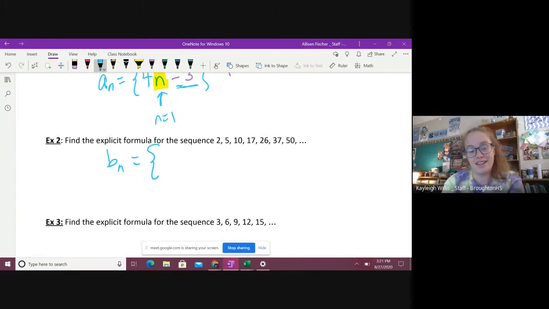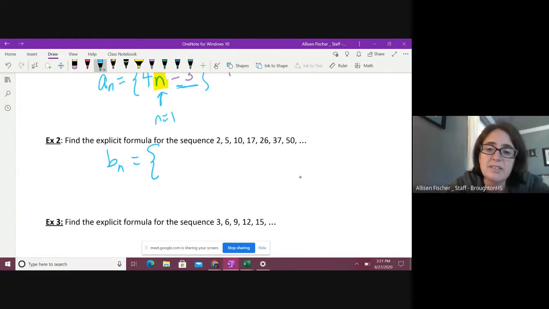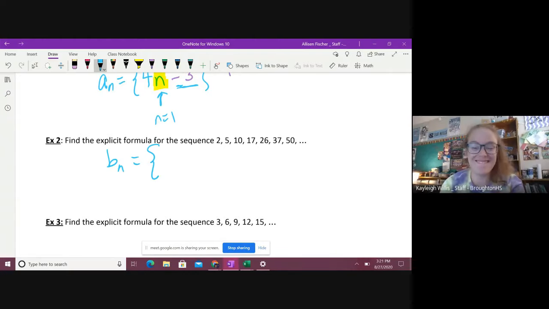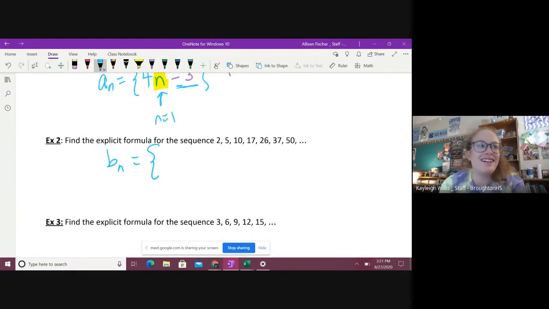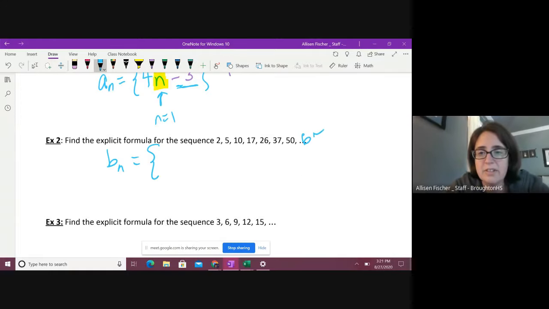I think I can. What number do you think comes next? 65. Yes, 65 does come next. So if you can figure out what number comes next, that means that there is a pattern that exists here.